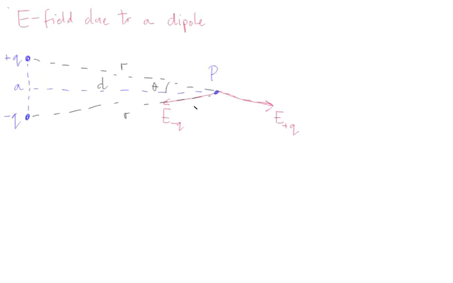Now, if these charges were equal and opposite, then when we break these two field strengths down into their components, the horizontal components would exactly cancel, and we'd end up with only the components vertically downwards giving the total electric field strength.